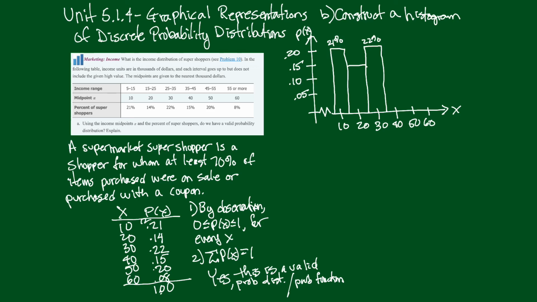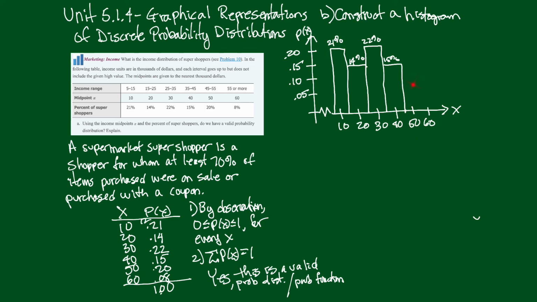And what was this one, 14%? Okay, and then at 40, we're at 15. So at 40, here's 15 right here. I'm just going to come straight across and get that one. So that's 15%. And then at 50, I'm looking at 20.